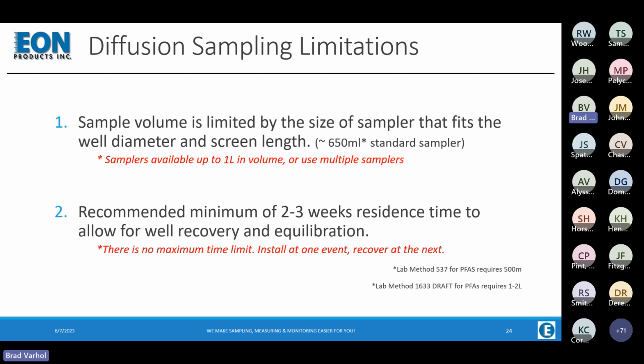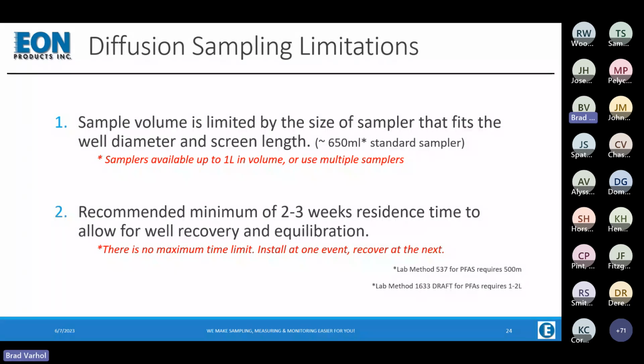It's also a limitation that it takes what I call the minimum residence time of 2 to 3 weeks to allow for the well to recover. Part of this residence time is that when we put a sampler into the well, we're disturbing the natural flow. We're usually adding this volume of displacement to the well.